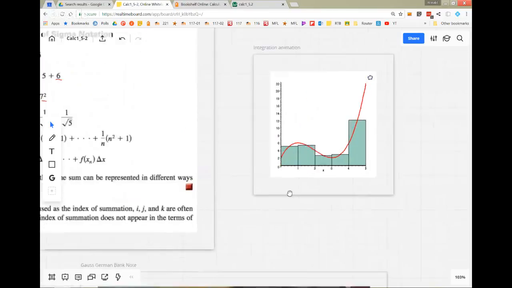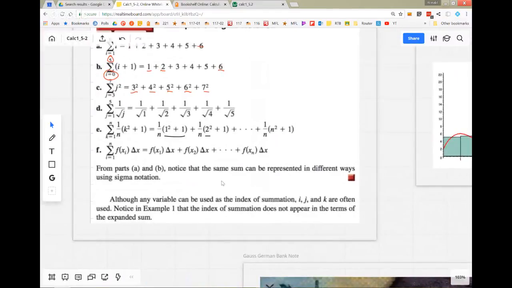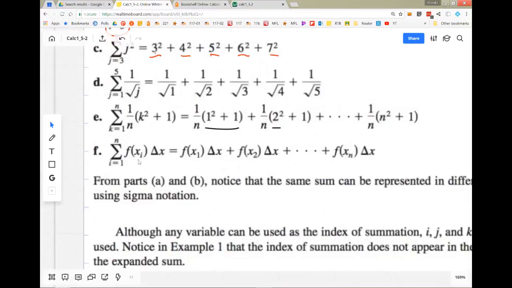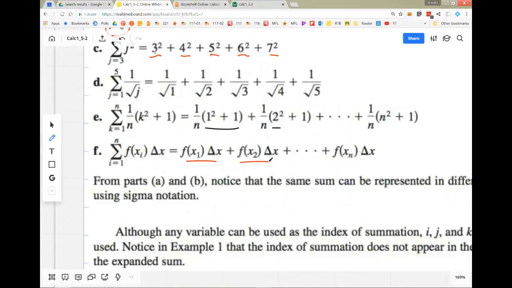And we could call the width of the rectangle delta x. So really, F is just a sum of all of those rectangles. When you come through the first time at point 1, what's the f of x1 multiplied by delta x? Length times width. That'll give you the area of the first rectangle. And then the second rectangle, all the way up to the nth rectangle.